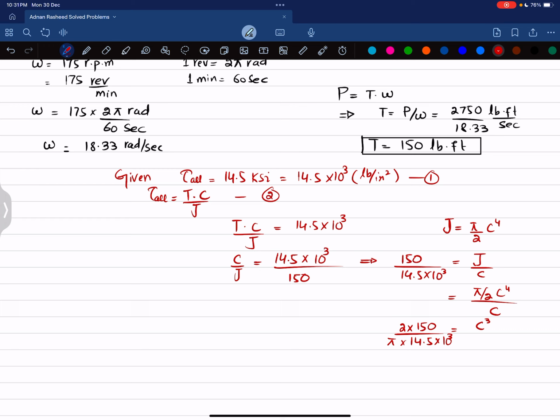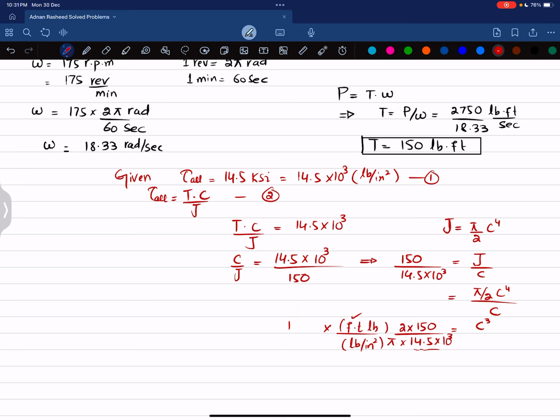And if you plug in the units, 150 is actually feet into pounds. Clear? And below, the 14.5 into 10 raised to power 3 will have units of pounds per square inch. So we will convert this feet into inch. For that we know that 1 foot is equal to 12 inches.